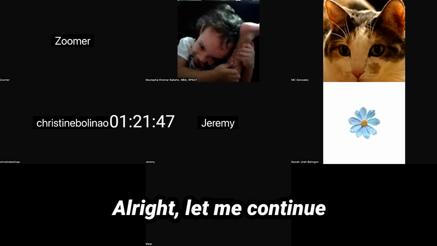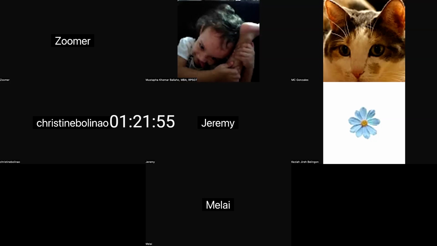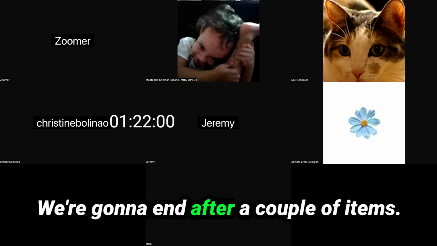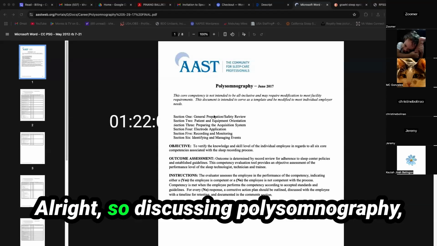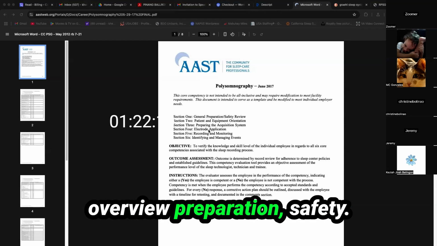Let me continue with this polysomnography. There's not going to be so much more. We're going to end after a couple of items. So discussing polysomnography, we have done a little bit of overview, preparation, safety.